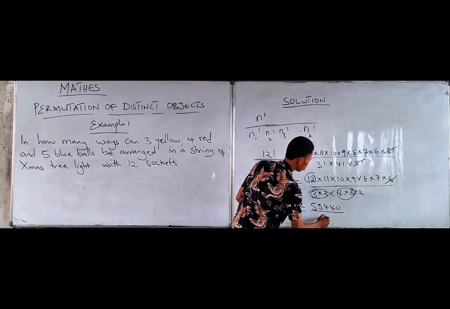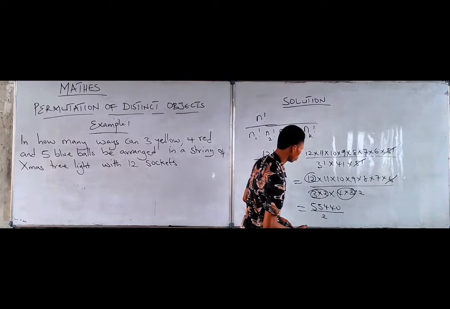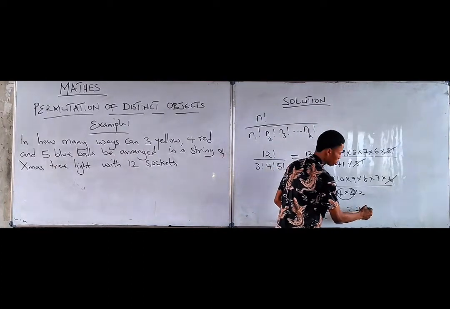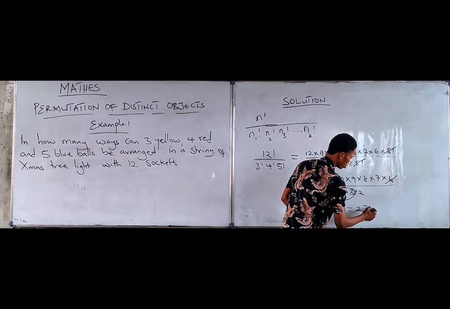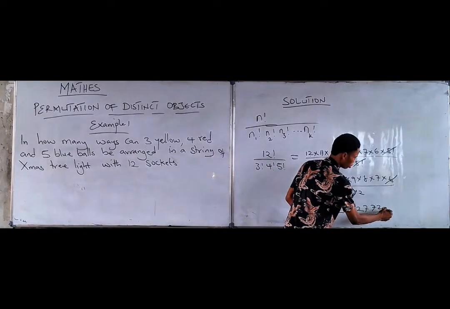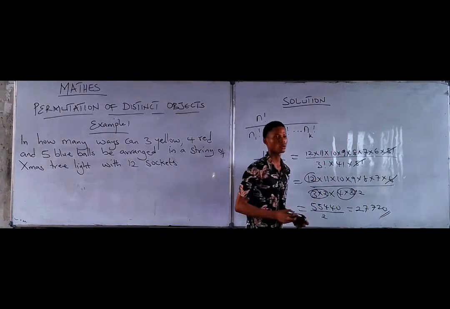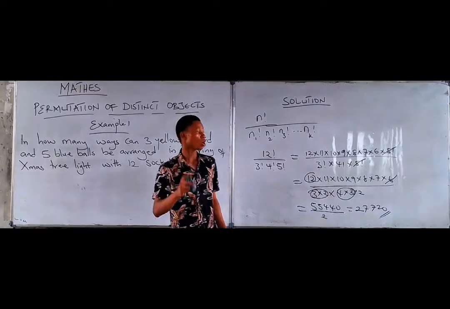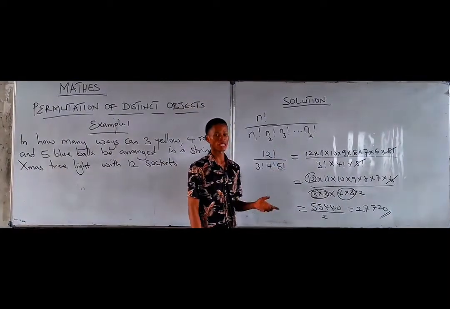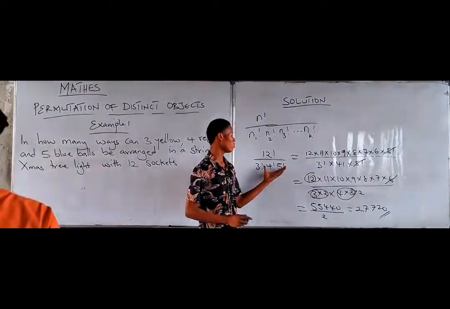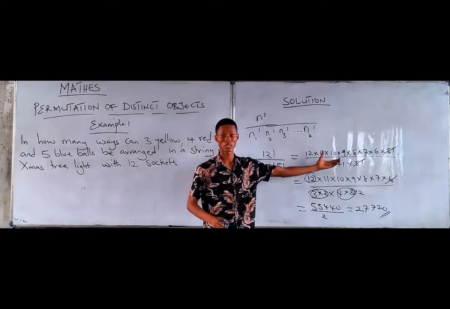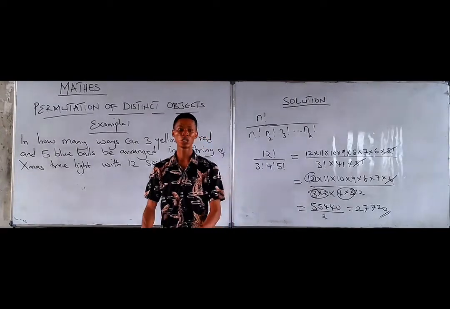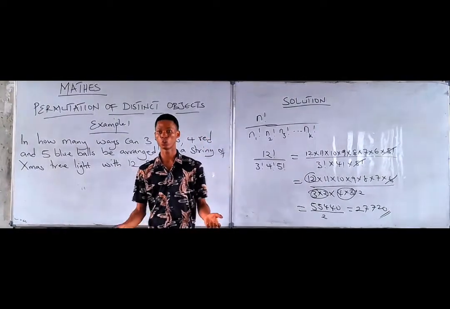All over 2 is what? 27,720. That's all. Sometimes you see your options, they leave the ones that look a little long. Sometimes they leave their options in factorial like this, so the work becomes easy. But anyway, just understand what you're supposed to do.